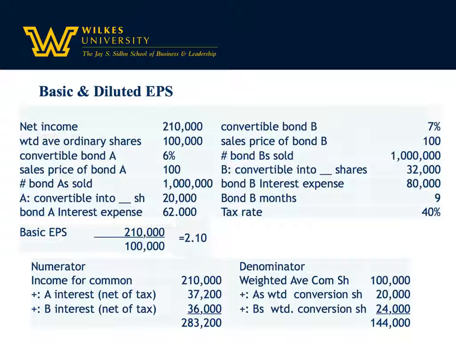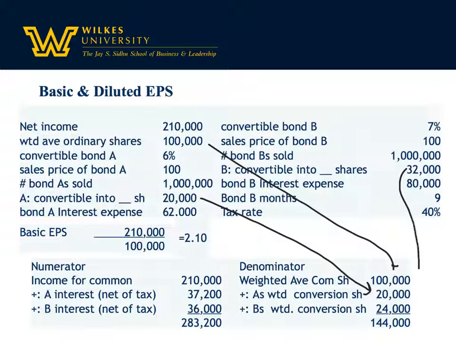Now our denominator is going to be the same kind of thing. We have the weighted average of 100,000 shares, which we start with. We have the 20,000 shares. If bond A was converted, they would have been in existence for the entire year. Bond B would have been 32,000 shares, but we only have it for 9 months, so that would have been 24,000 on the weighted average, and we have a new denominator.